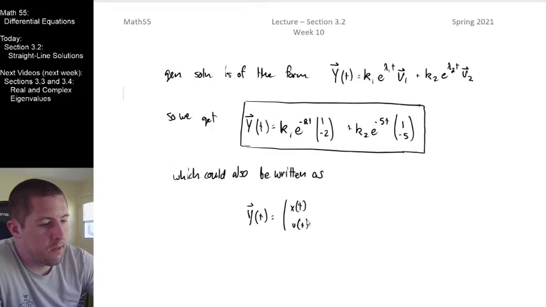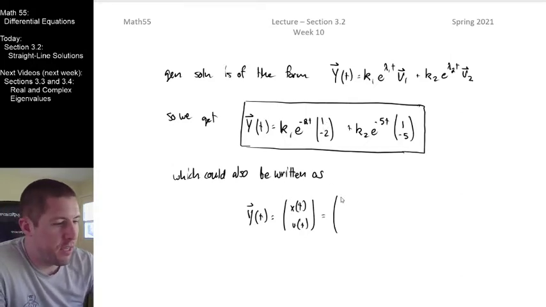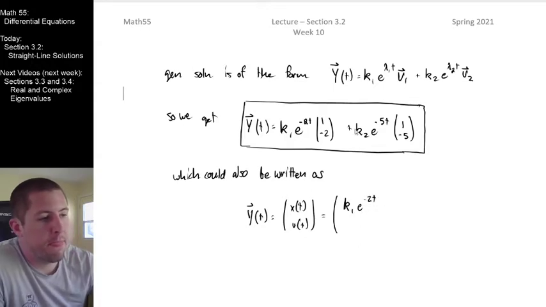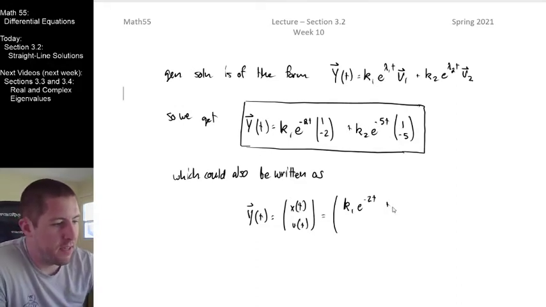So the top says, I'm doing my constants first. So k1 is a constant and 1 is a constant. So k1 times 1 is just k1. And k1 is multiplying e to the negative 2t. So I'm going to get a k1 e to the negative 2t. For my other top component here, k2 times 1 is just k2. And so we're getting k2 times e to the negative 5t.